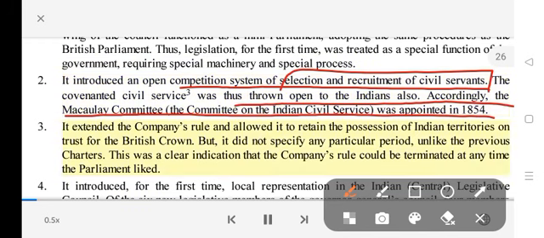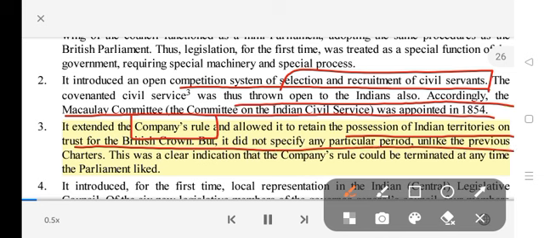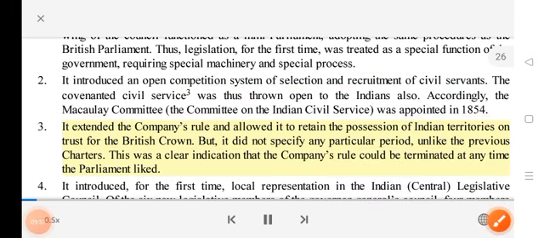It extended the company's rule and allowed it to retain the possession of Indian territories on trust for the British Crown. But it did not specify any particular period, unlike the previous charters. This was a clear indication that the company's rule could be terminated at any time the Parliament liked.